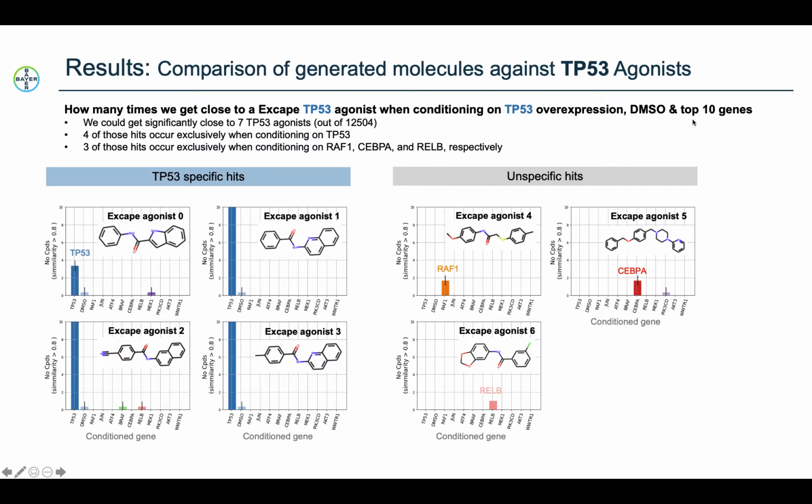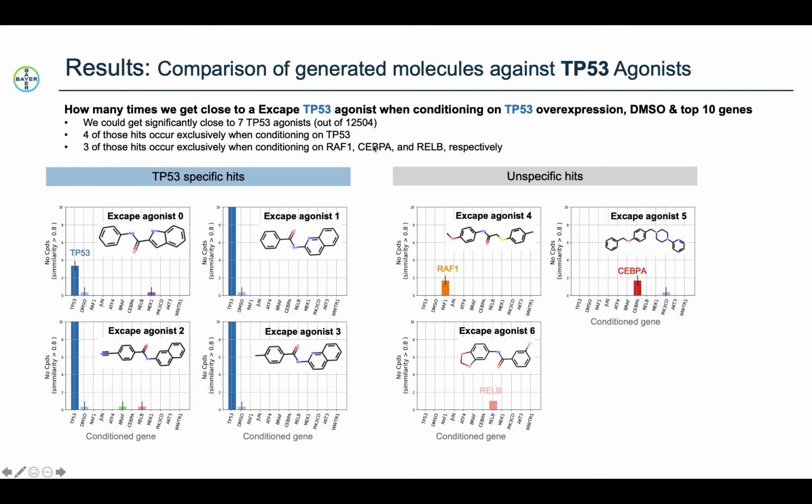And remember that DMSO and the top 10 genes are just there for reference to check how specific the conditioning works. Here we have one plot per ESCAPE agonist. The x-axis corresponds to the condition gene, the gene that was used as a condition to generate the molecules, and the y-axis reports the number of compounds with similarity higher than 0.8 to that specific ESCAPE agonist.